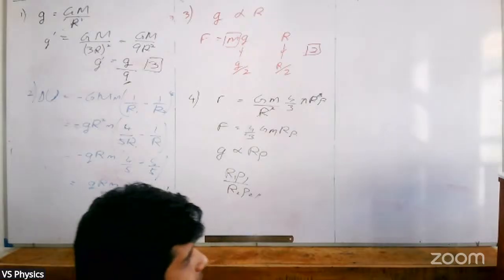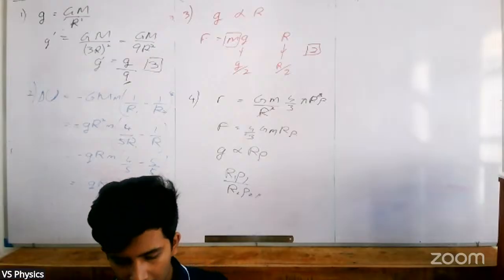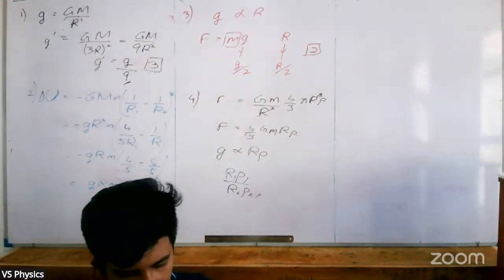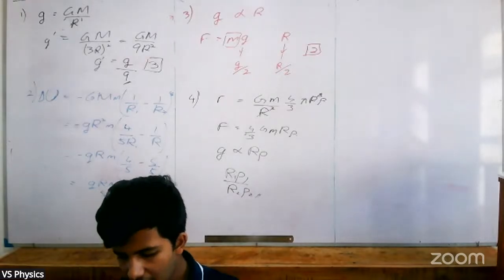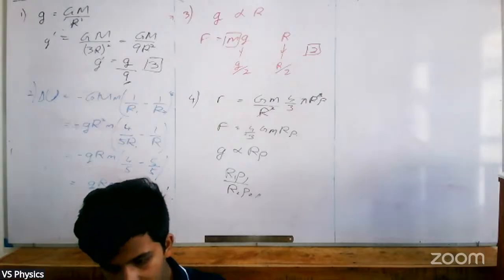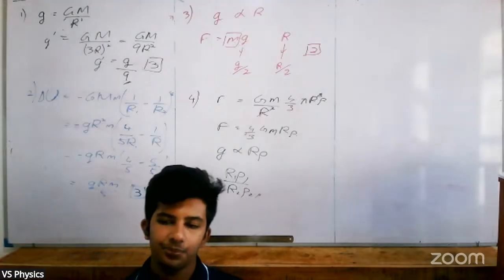Angular velocity, for angular velocity also the radius is below.